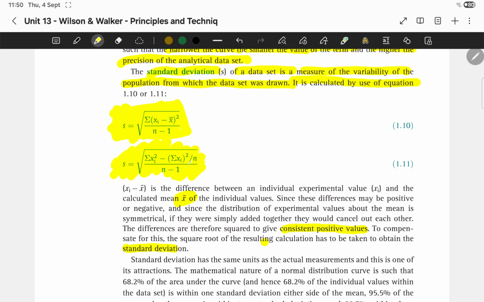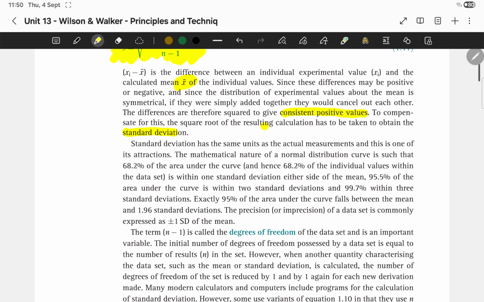Remember the n minus 1. Standard deviation has the same units as the actual measurement and that is one of its attractions. The mathematical nature of the normal distribution curve is such that 68.2% of the area under the curve is within one standard deviation either side of the mean, 95.5% of the area under the curve is within two standard deviations, and 99.7% within three standard deviations.